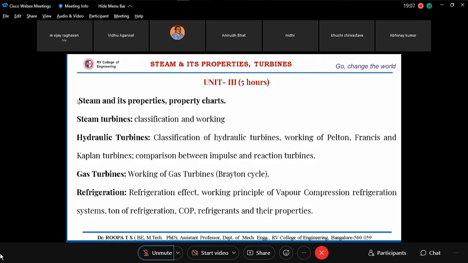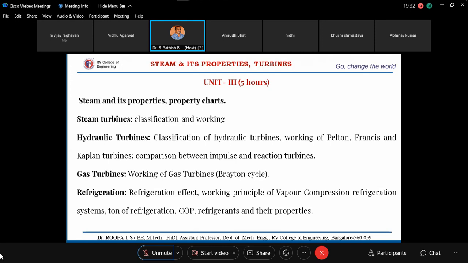The very first topic in Unit 3 was steam and its properties and the property chart. We stopped at properties. We have not discussed the property charts, but of course we'll see in today's session. And then I'll give the lead to the steam turbines. Once we understood how the steam is generated, we have to see where it is used.